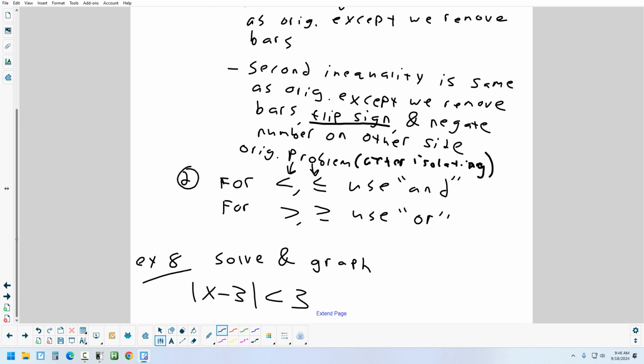So let's try this one. First step, is the absolute value by itself? Yeah, absolute value of x minus 3 is already by itself. Because it's a less than, I can write down step 3 right now. Is the final answer to this problem going to be an and, or is it going to be an or?